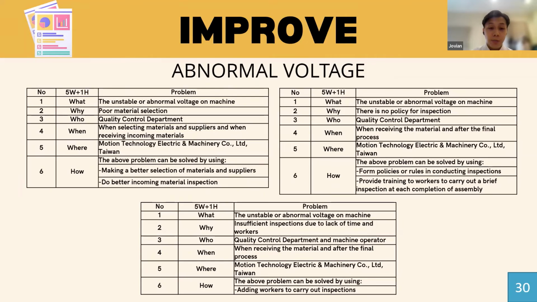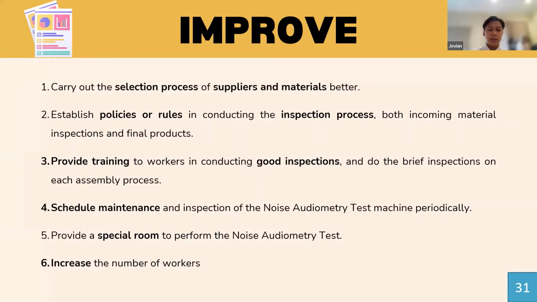For the abnormal voltage problem, 5W plus 1H is used to overcome problems caused by poor material selection, no inspection policies and rules, and a small number of inspections due to lack of time or end workers. There are 6 proposals obtained at the improve stage to overcome the problems of abnormal voltage and abnormal sound.